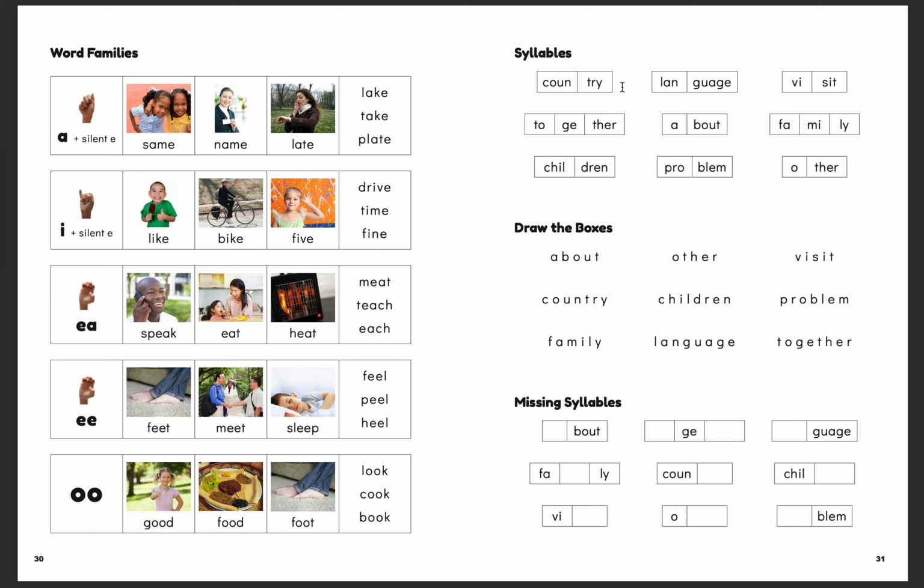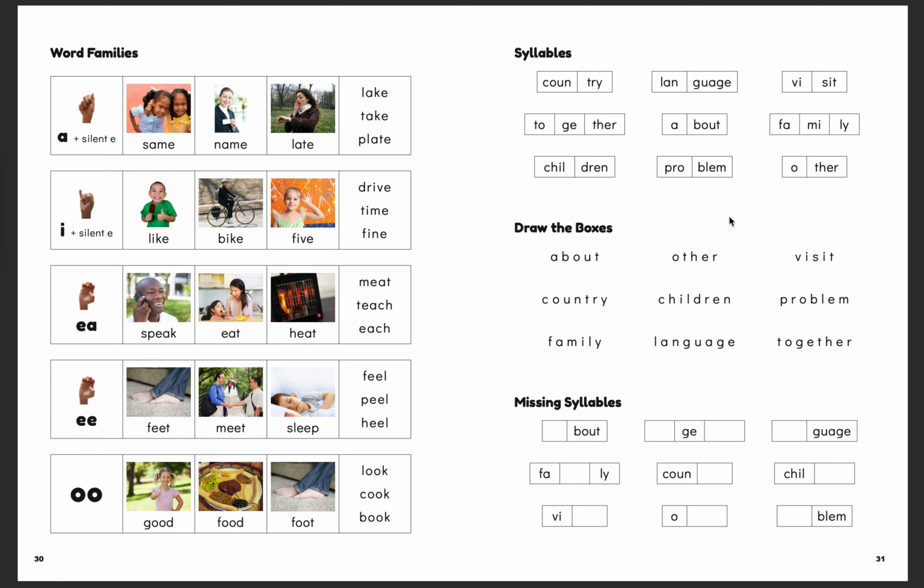Then you can teach syllables. Breaking larger words into syllables really helps with decoding. It'll help your student be able to read a lot better, especially if they can recognize the spelling patterns in each syllable.